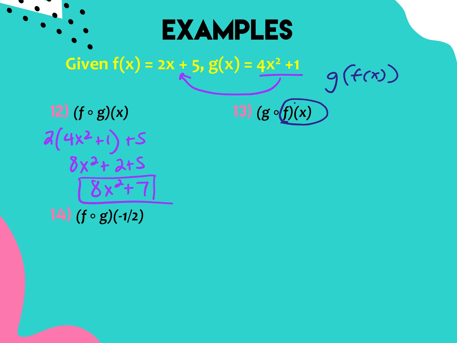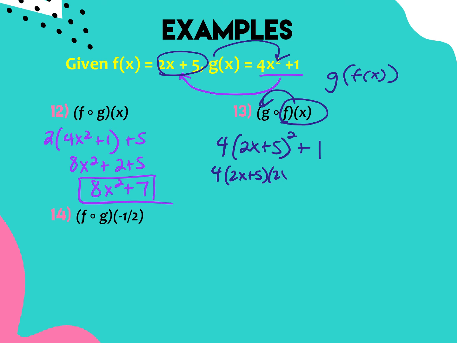So I'm taking the right side, plugging it in here. Now the order switches. So the f goes into the g. And I'd get 4 times 2x plus 5, squared, plus 1. I want to expand and FOIL the 2x plus 5.